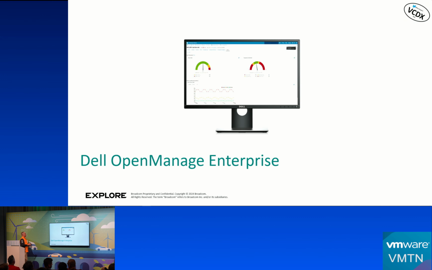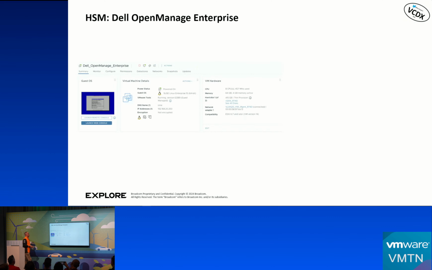So we're talking about hardware support managers. Starting with the Dell OpenManage Enterprise, it is a virtual machine. This VM doubled the resources of the previous version: 8 vCPUs, 64 gigs of memory. Could be a challenge in some of your home labs.